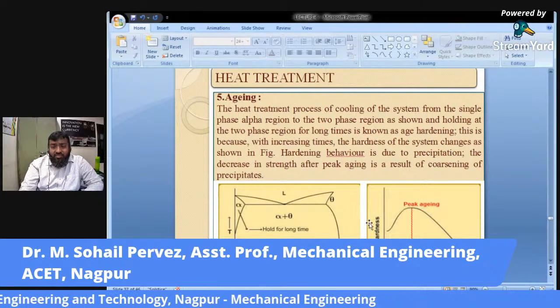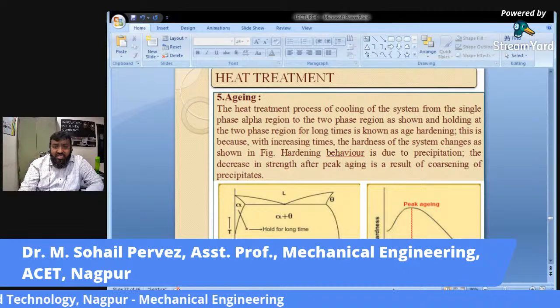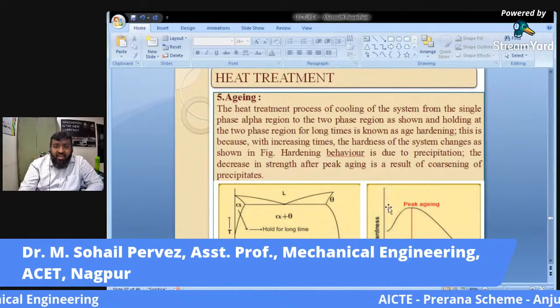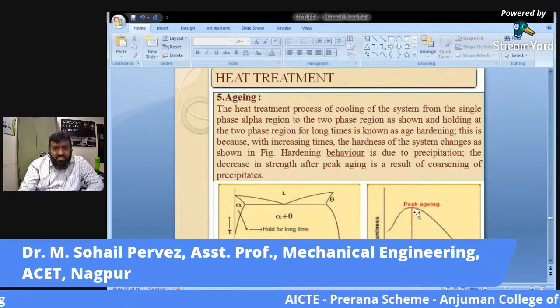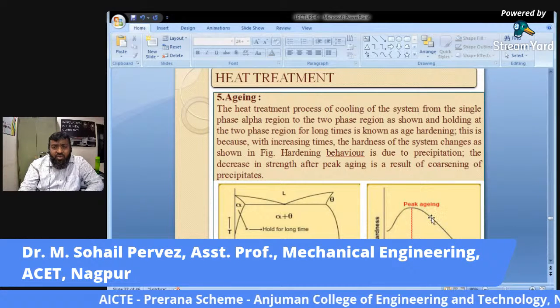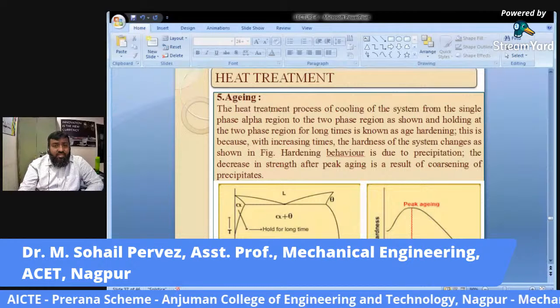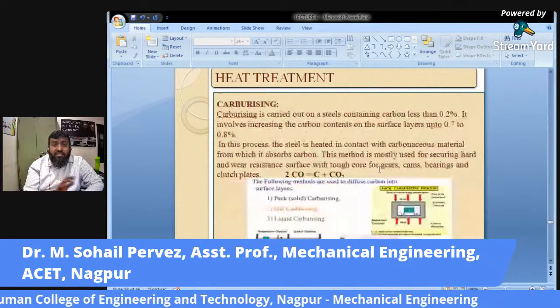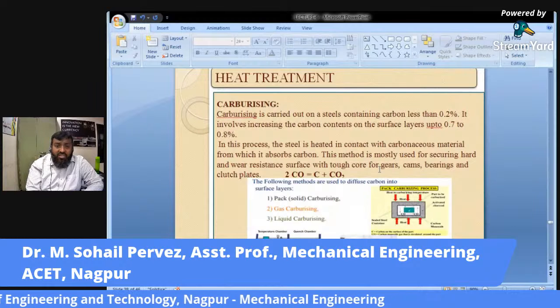Due to that aging or the hardening behavior, the hardness will increase. And obviously after some period of time the hardness will go on decreasing. So this is aging.